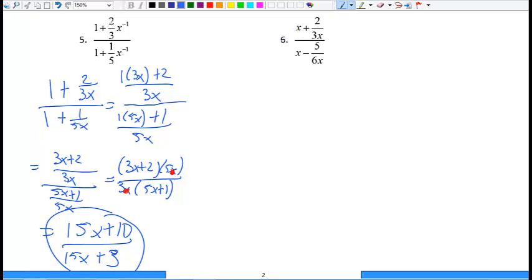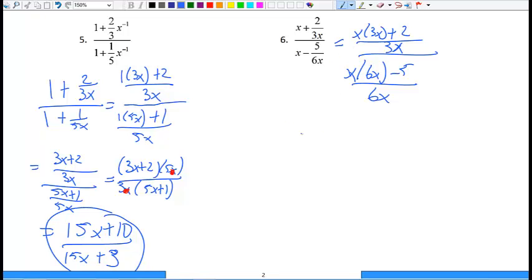Okay. Number 6. Okay, sort of a similar type of process. We're going to do common denominator of the numerator first. And so the x is missing the 3x. So we're going to multiply it by 3x. And in the denominator, we get 6x for the common. And that x is missing a 6x.